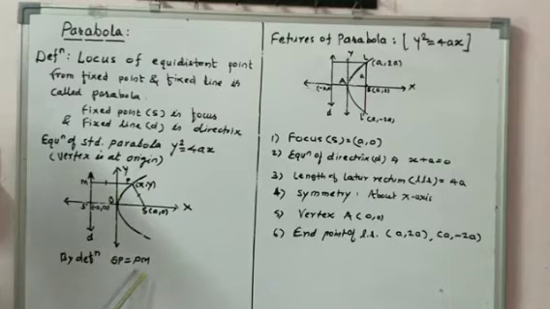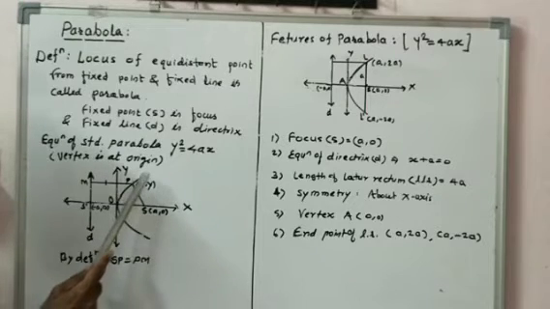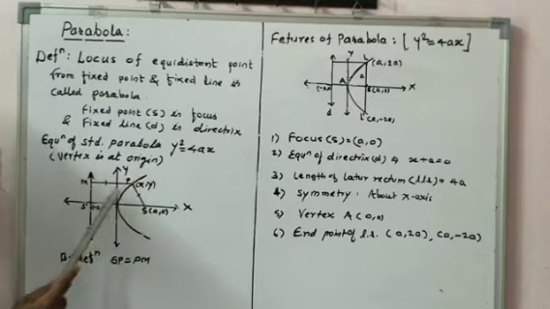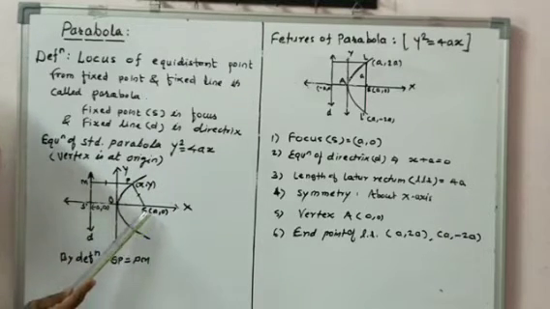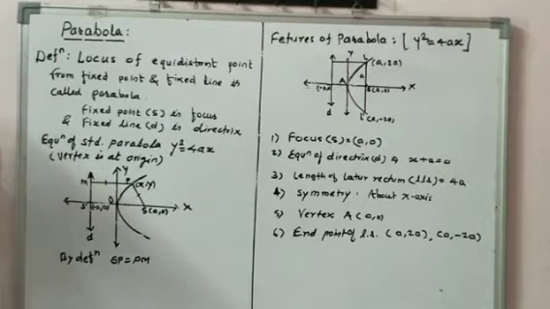This is from the definition of the parabola, and all these points on the parabola are equidistant from the fixed point and the fixed line. That is also called the focus directrix property. SP is equal to PM. And this is the figure of the parabola.